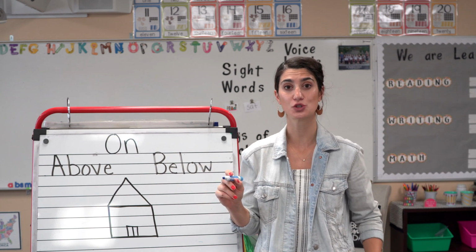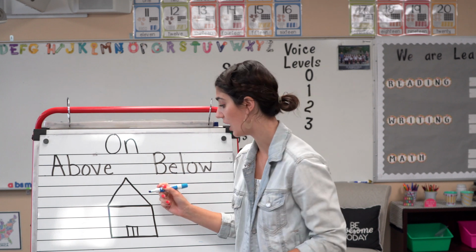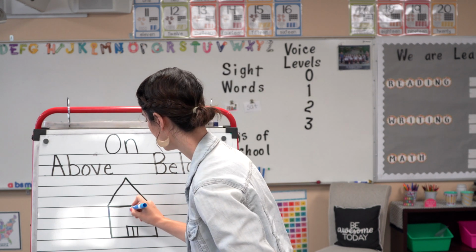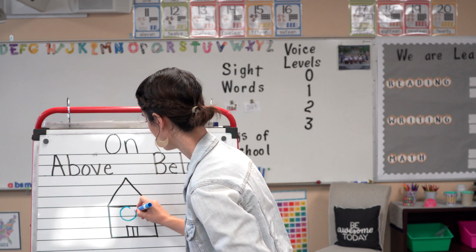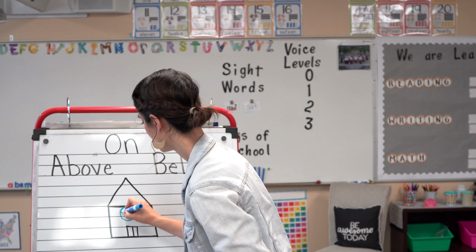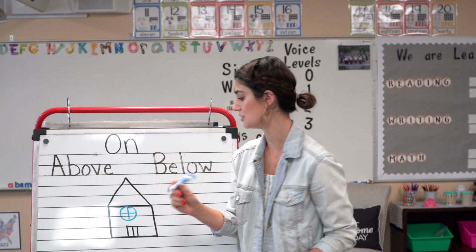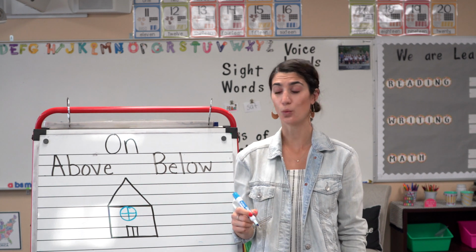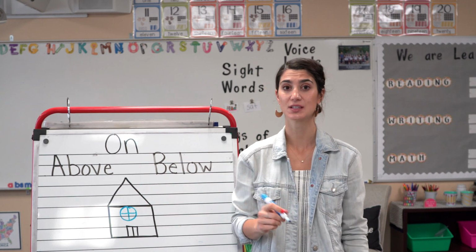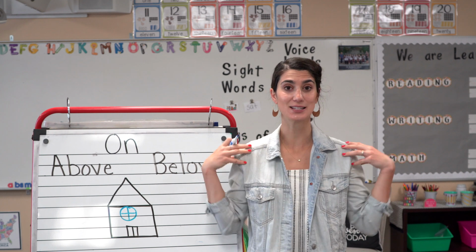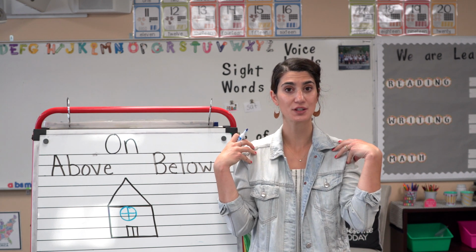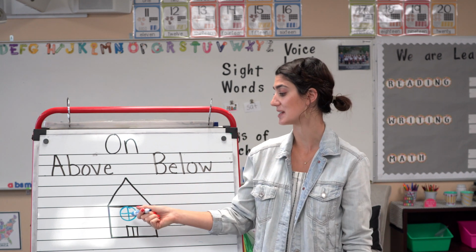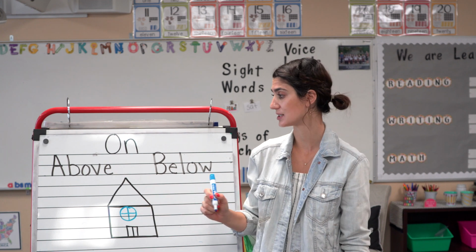So if I were going to draw a window on the house, that is what I would do. The window is on the house. Just like this jacket is on my shoulders. Okay, so this window is on the house.